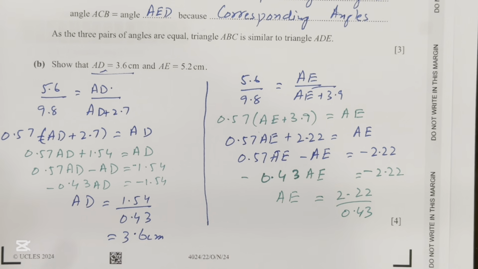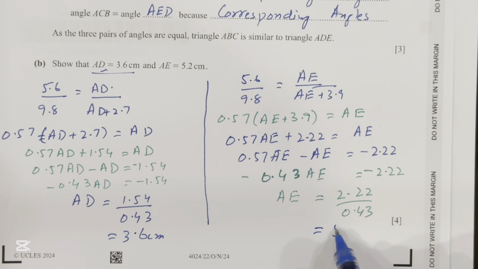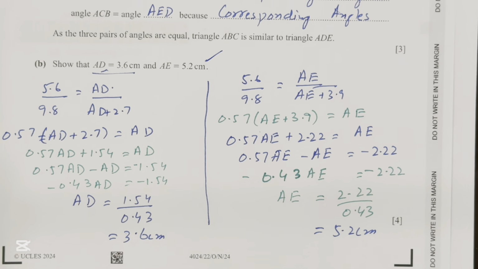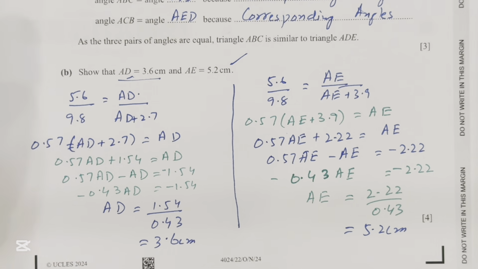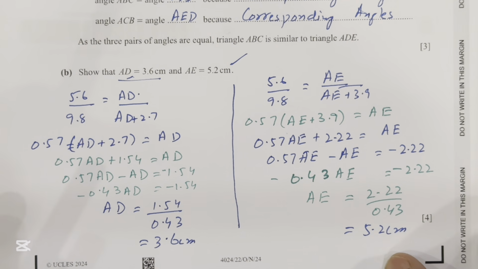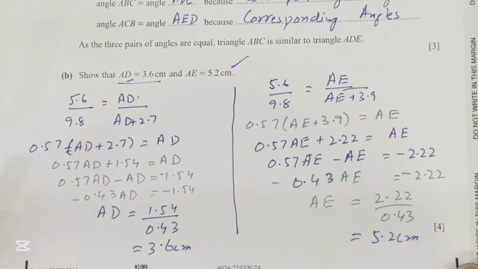So you get your answer, that is equal to 5.2 centimeters. So this is how you have shown these two. This carries a lot of calculation, but they are simple calculations for similar shapes. You are allowed to use a calculator, so you don't need to worry about any multiplication or division.